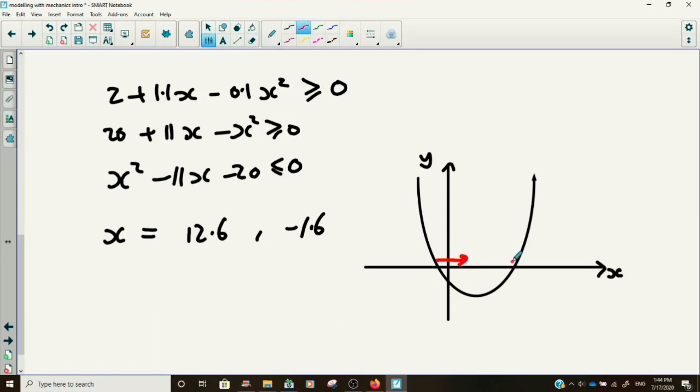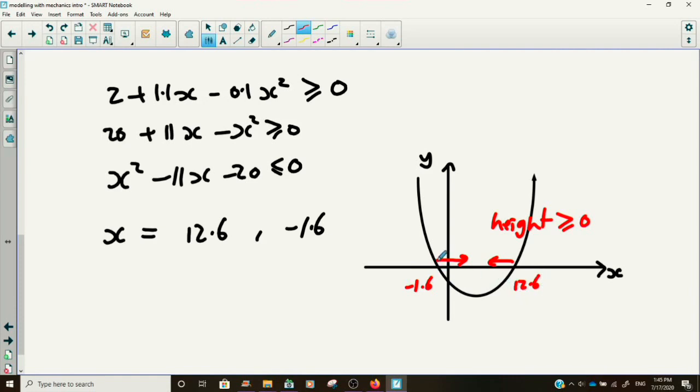So it isn't the height that's less than 0, sorry, it's just this value. The height is actually positive on this part of the curve. It's because I multiplied by -1 that it swapped it round. So here between these two values of x, the height is positive. Okay, so that's -1.6, and that is 12.6.